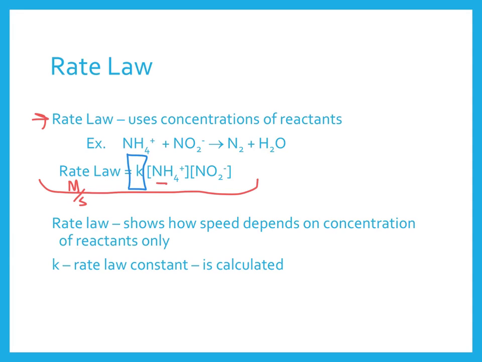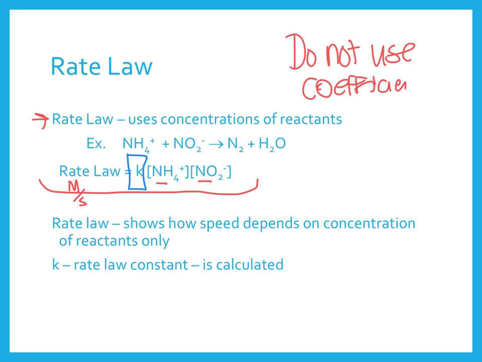Then you're going to have listed your various reactants. You will not be able to look at the stoichiometry, so do not use coefficients to determine order, which doesn't make much sense right now.